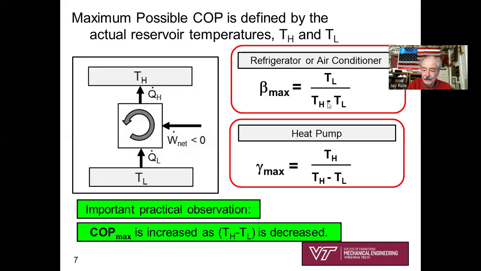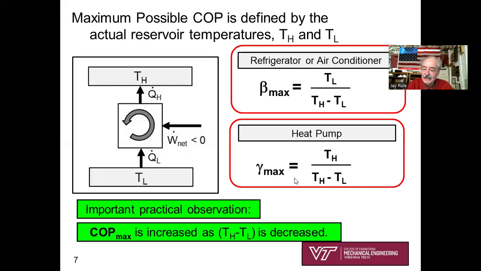How about the denominator, TH minus TL? Numerically, what's that going to be? Let's say for a refrigerator, TH is going to be about 25 degrees C, room temperature. How about TL? That's going to be about 0 degrees C. If we subtract one from the other, we get about 25 degrees, don't we? So we've got a big number divided by a small number.